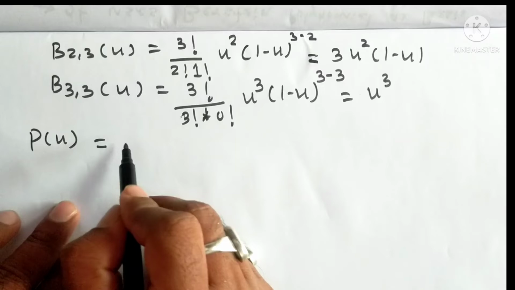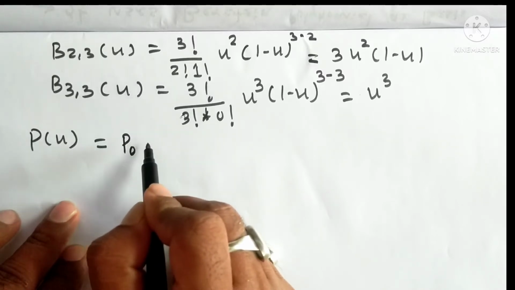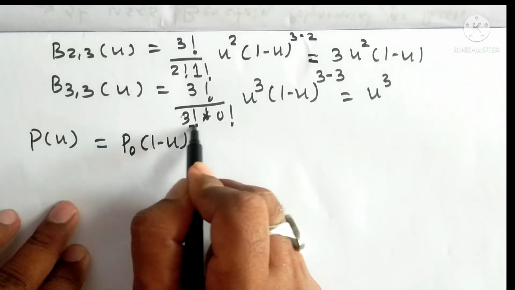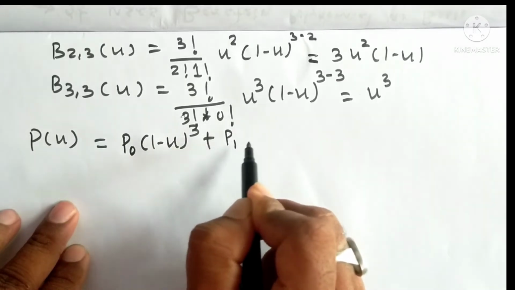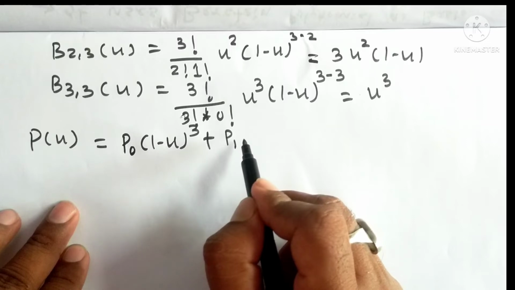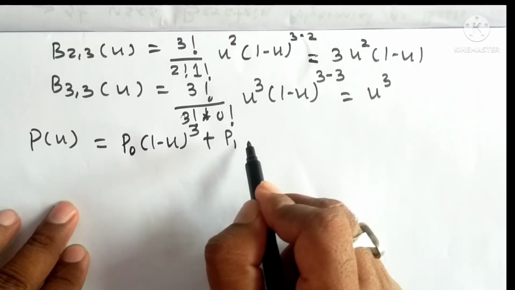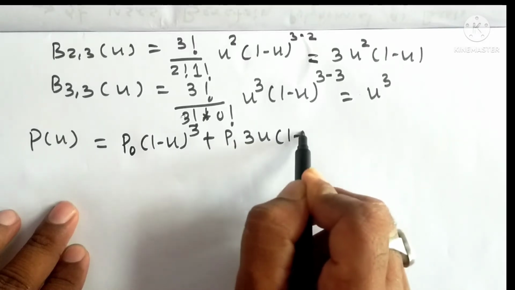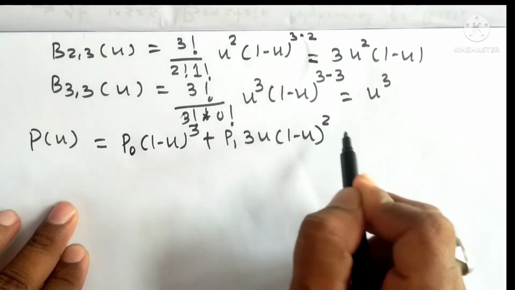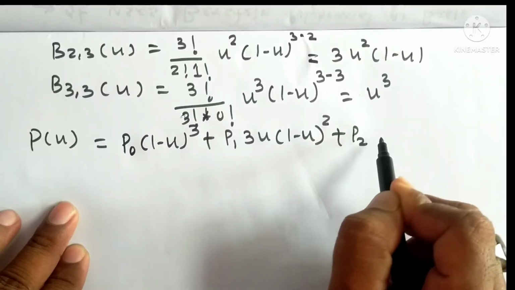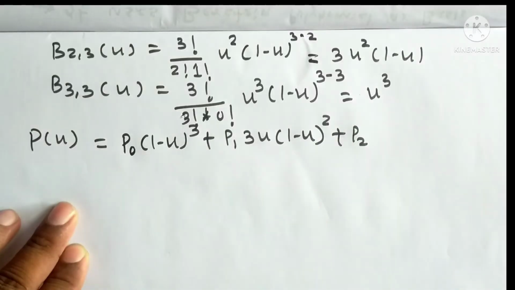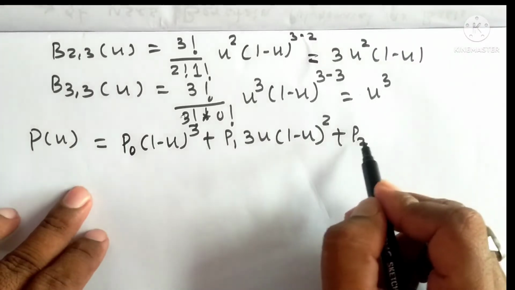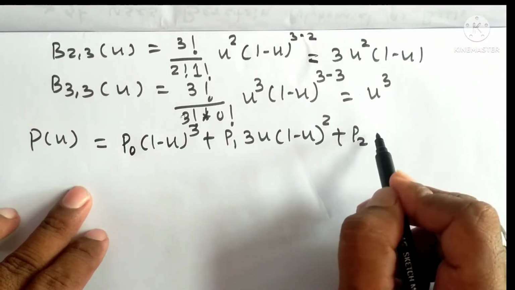So we can write here P0, B03 value is 1 minus u to the power 3, plus P1 multiplied by B13. So B13 value you have already calculated, that is 3u into 1 minus u to the power 2, plus P2 multiplied by B23.